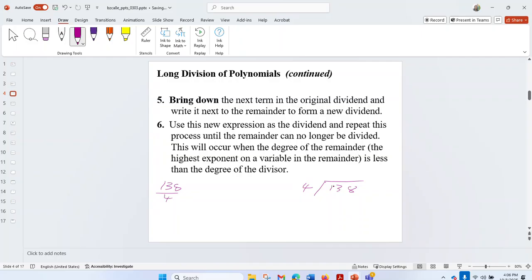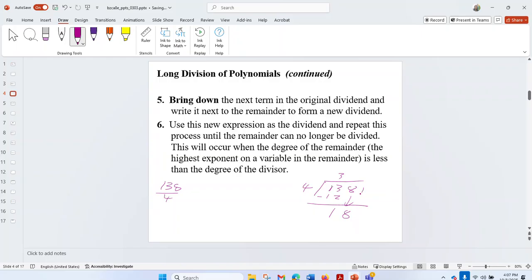And now using 3 times 4 to get a maximum number compared to 13. All right. So now 13, you do the subtraction, 13 minus 12, you got 1, and then you bring the next digit down, right?